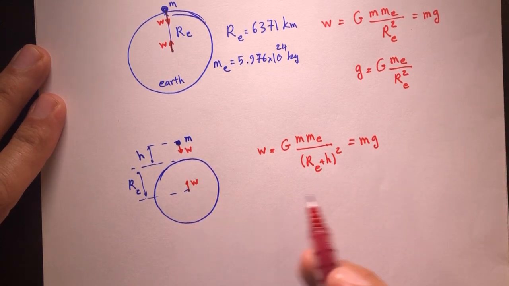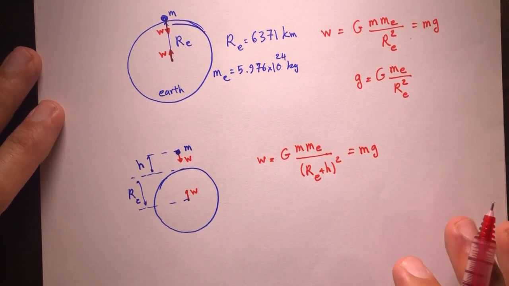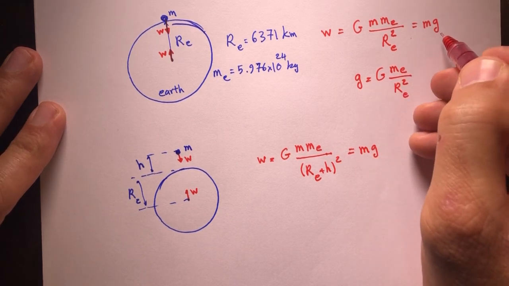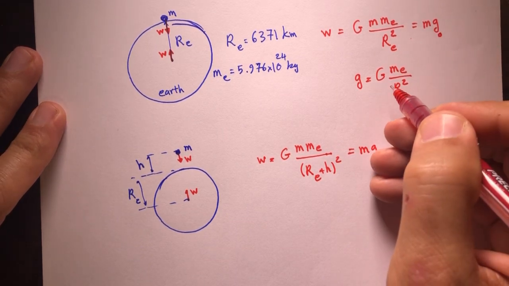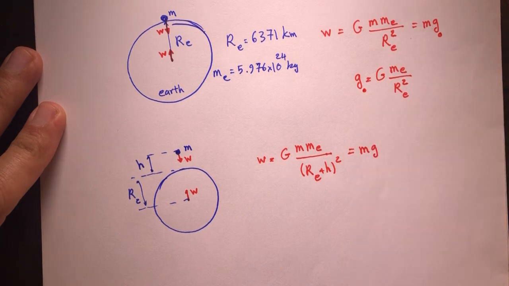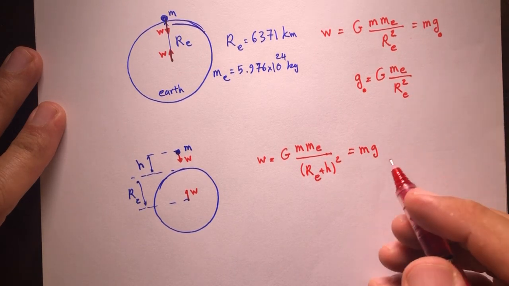So to show them with different symbols, I'm going to call g close to the ground g naught, which is 9.81.